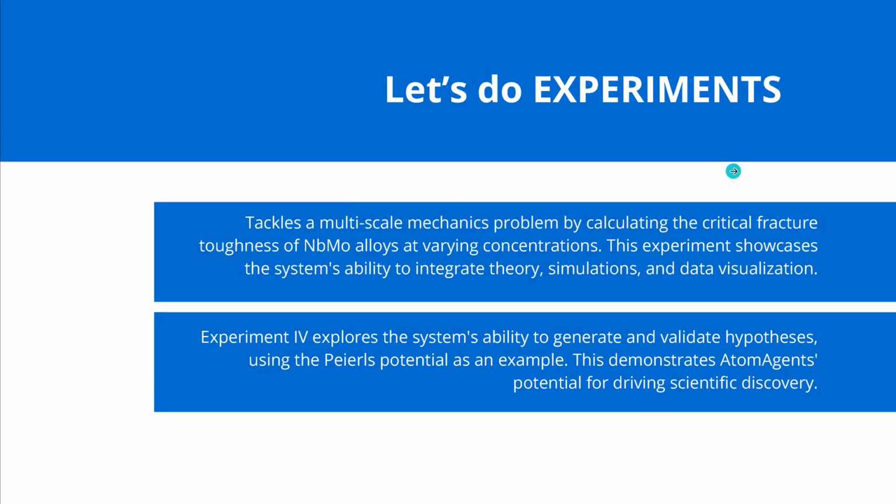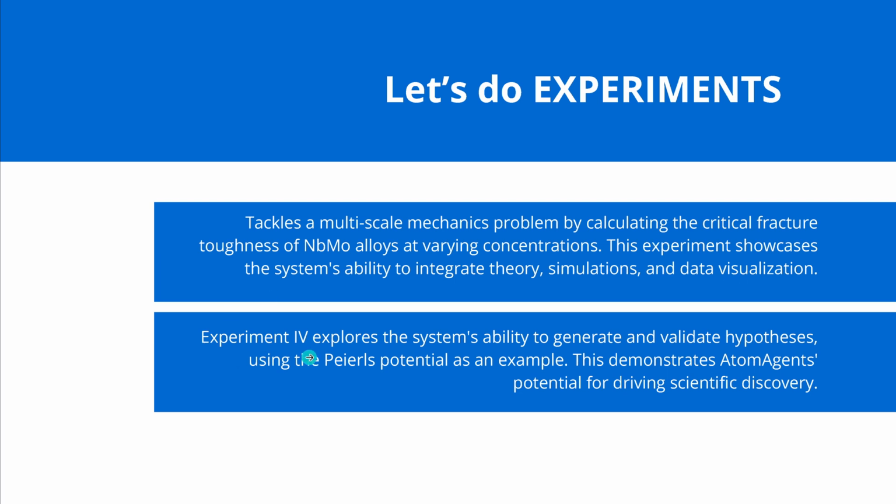Beautiful. So let's do this now. MIT gives us 4 experiments. I only tackle experiment number 3 and experiment number 4, because the other 2 are just simple. You can read them if you want. But let's have a look here. Experiment number 3, a multi-scale mechanics problem: calculating the critical fracture toughness of some specific alloys at varying concentrations. The experiment showcases the system's ability to integrate the theory of material science, computer simulation, and finally the data visualization that could give us further insight into the experiment.